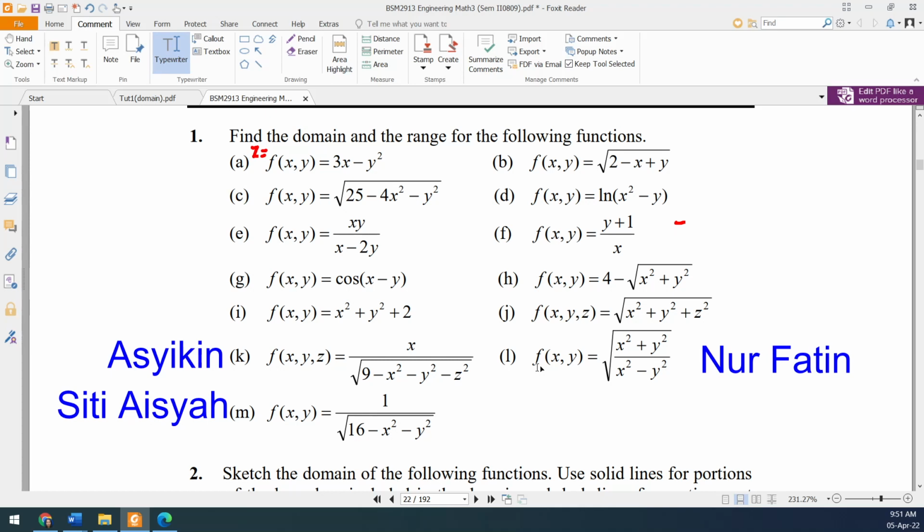For the denominator, what I know, it is always greater than 0, right? Numerator or denominator?